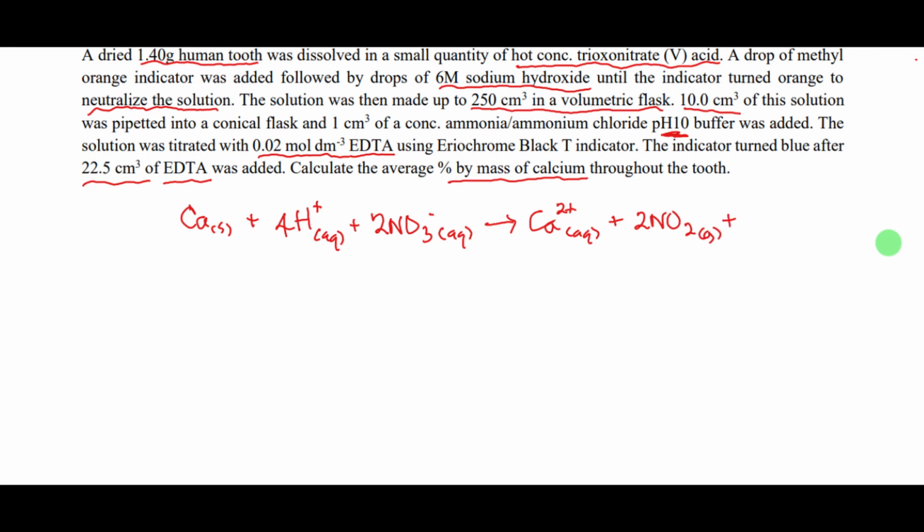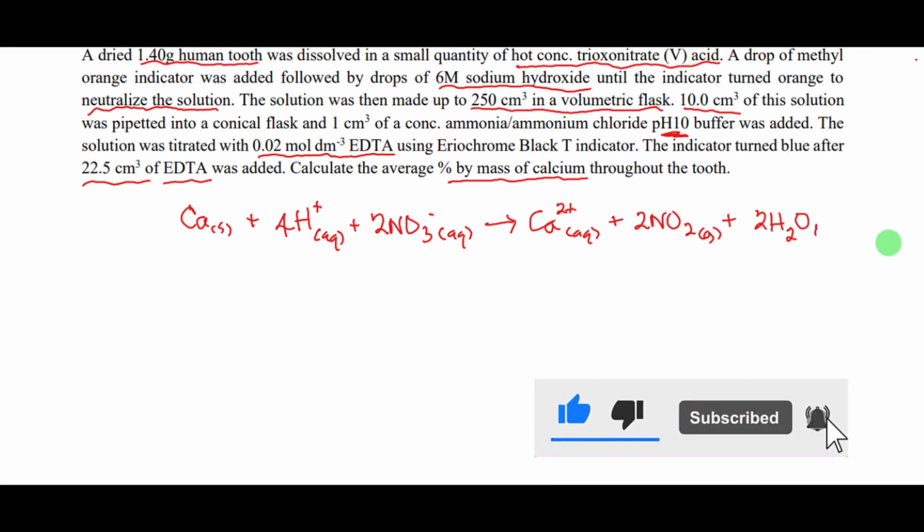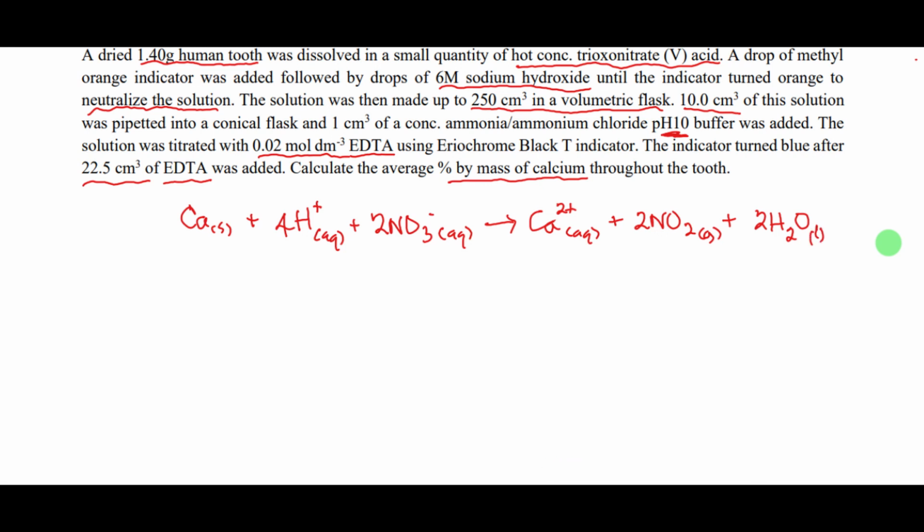Remember, in this case, trioxonitrate(V) acid is not just acting as an acid, it is also acting as an oxidizing agent, because it's concentrated. It's not just concentrated, but also hot. So the hot concentrated trioxonitrate(V) acid acts as an oxidizing agent. It oxidizes the calcium, right, to calcium ions, Ca²⁺, right? Fine. And it is itself reduced to nitrogen(IV) oxide. The hydrogen that was formed, right, from the reaction between a metal and the acid is oxidized to water.